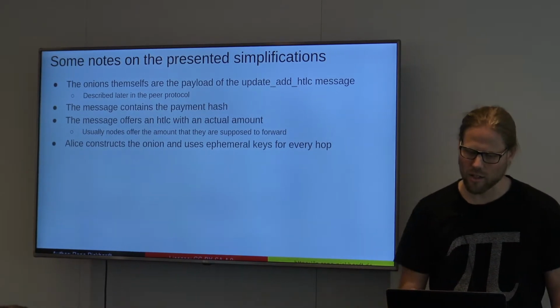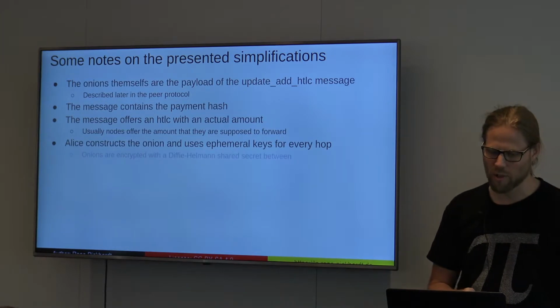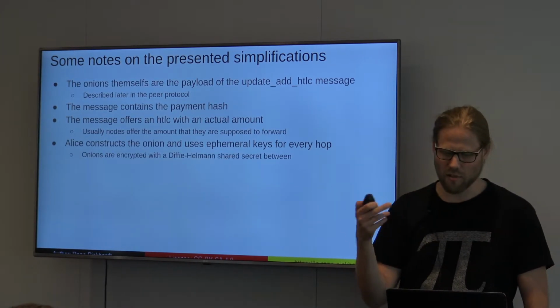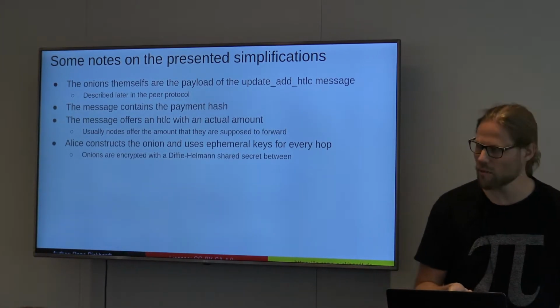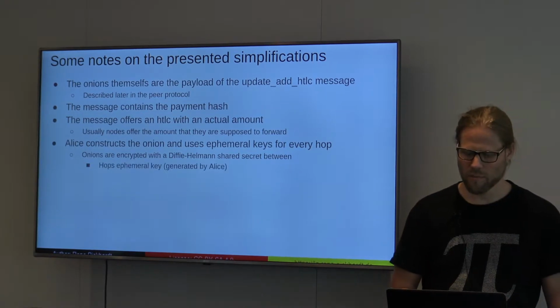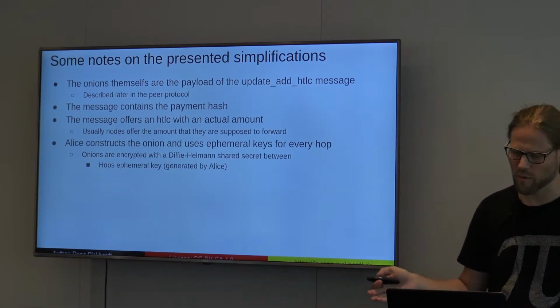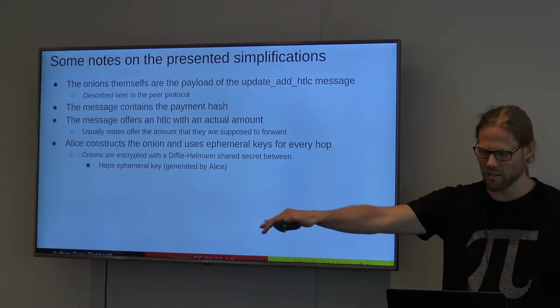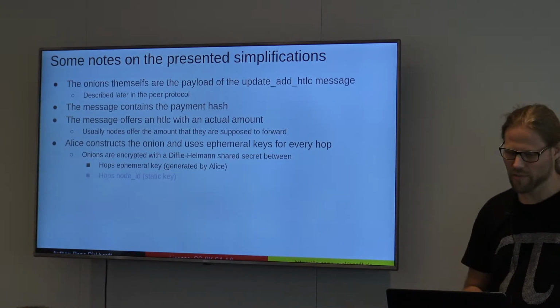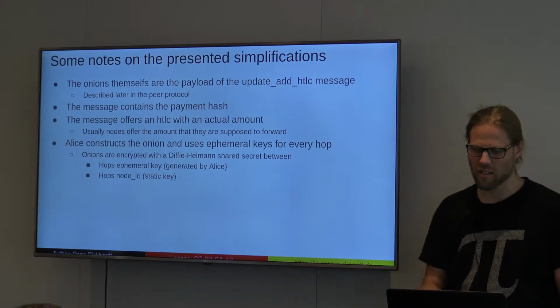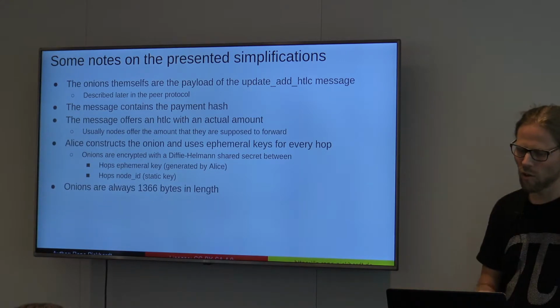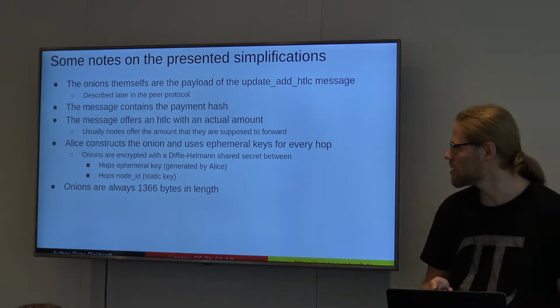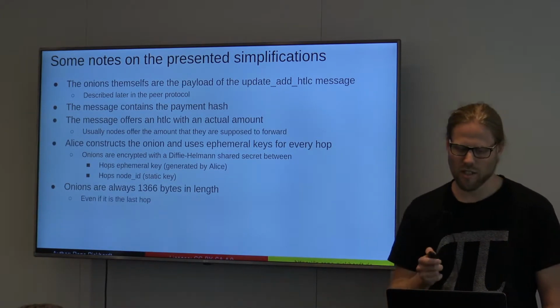And Alice constructs the onion and uses ephemeral keys for every hop. The onions are encrypted with a Diffie-Hellman shared secret between the key generated by Alice and the hop's node static key, as I explained in detail before. And the onions are always 1,366 bytes in length, even at the last hop.